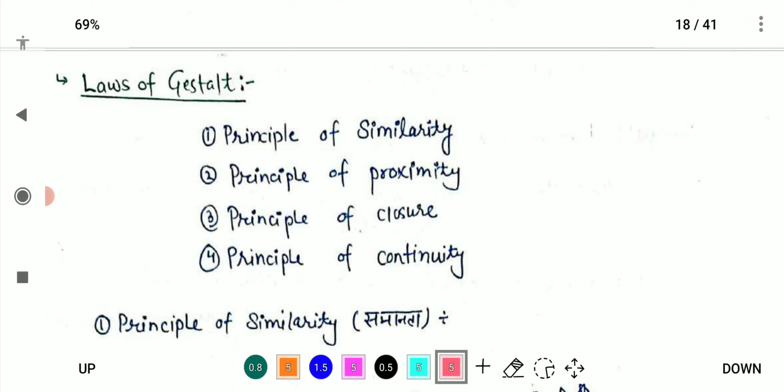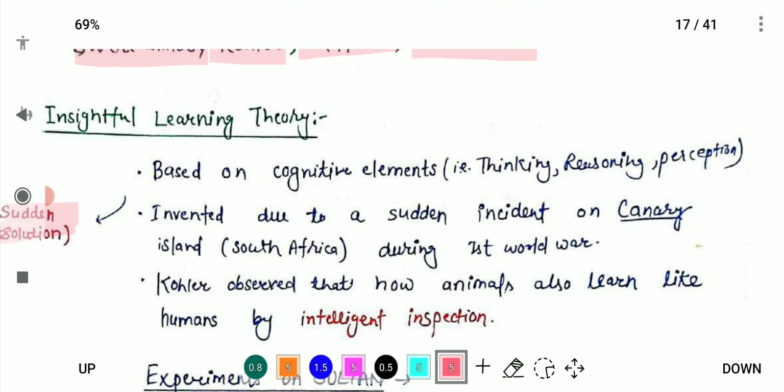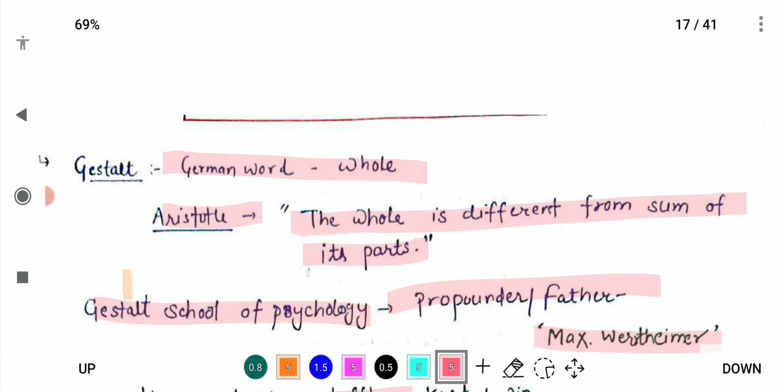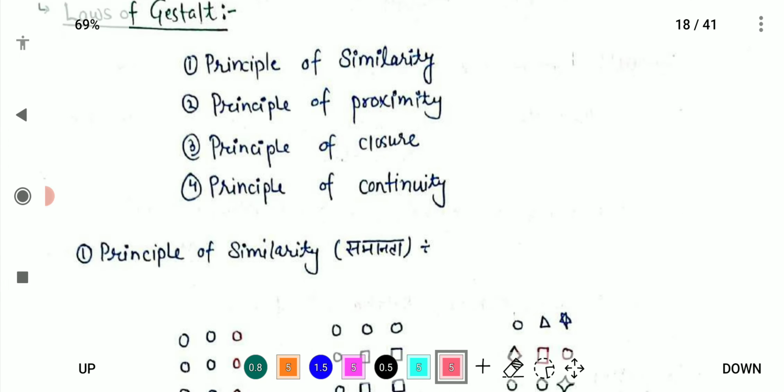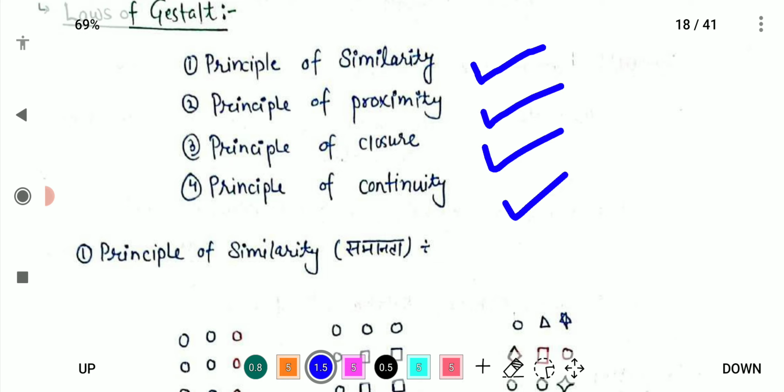It will fix one stick to another, stand on a box, and get the bananas. So that is what Kohler's insight learning refers to. Understood?